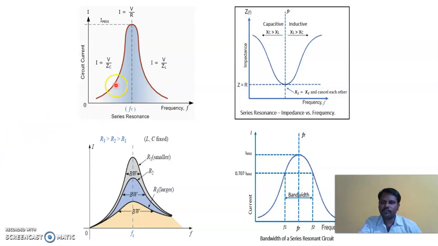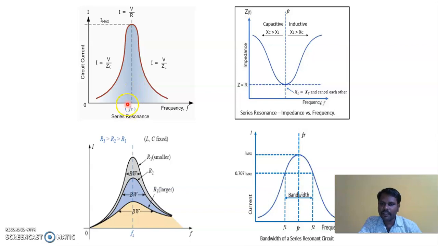Look at this picture. Along the x-axis we have frequency, and along the y-axis we have current. For a particular frequency Fr, which is the resonant frequency, the current is maximum.